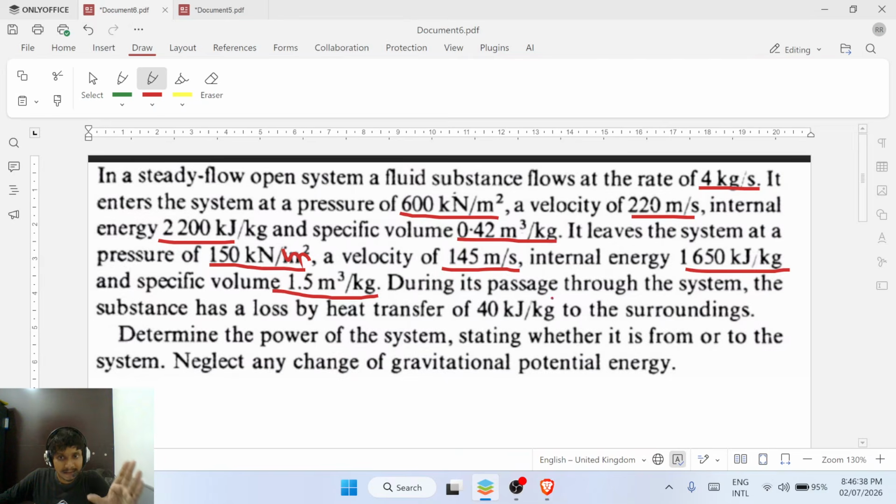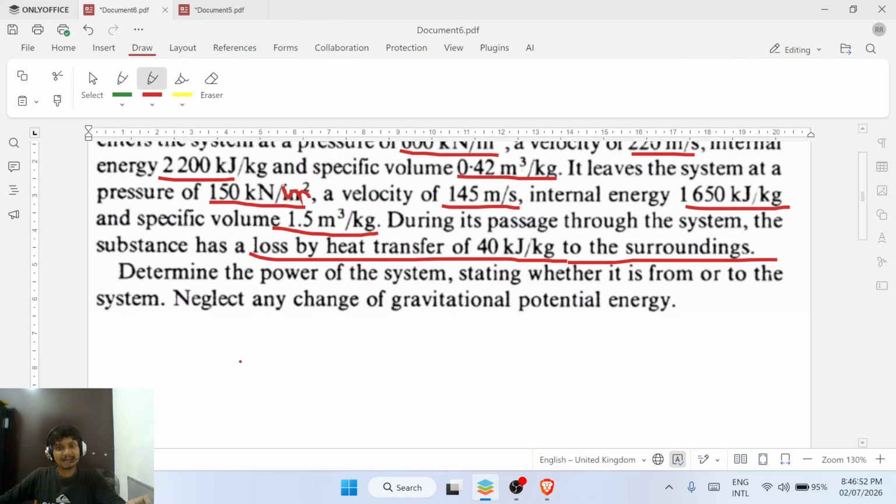During its passage through the system, the substance has a loss by heat transfer of 40 kilojoule per kilogram to the surroundings. We already discussed in our past classes how to mention this in symbols.